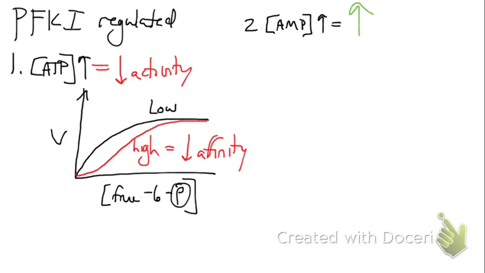AMP reverses ATP regulation. Again, we don't know how, but we just think that because of AMP, if you have high AMP, you know you're in a low energy state, you need to run metabolism. And so, why not, right, so we're using AMP. Why not use this?